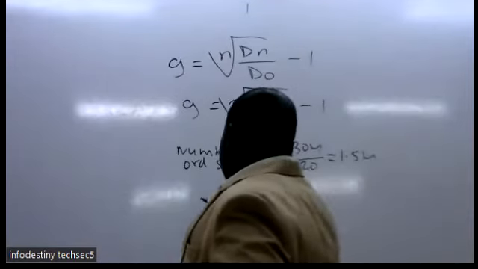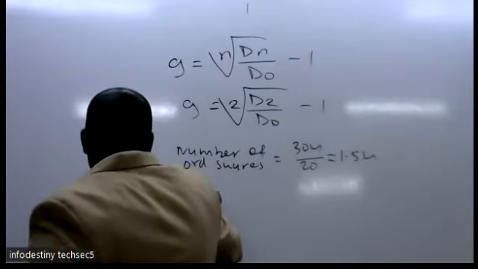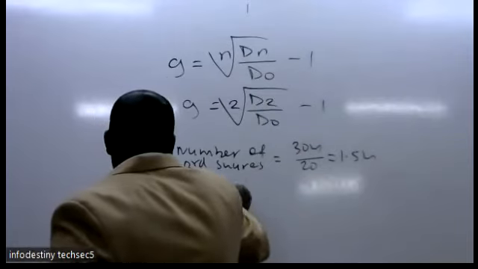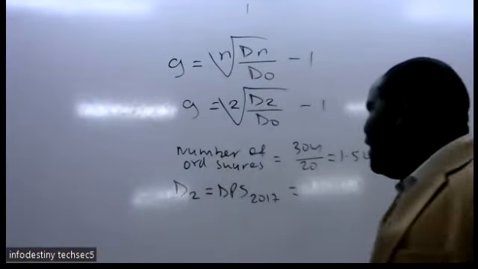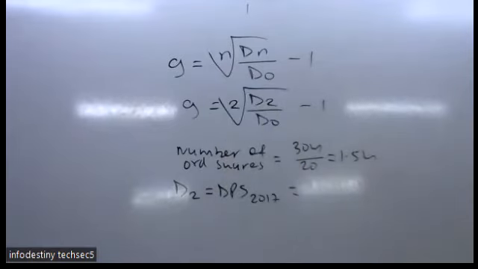So our D2 is the dividend per share in the year 2017. Go to the income statement. Are you able to see the proposed dividends for the year 2017? There are 3 million because there are 3 zeros at the top.